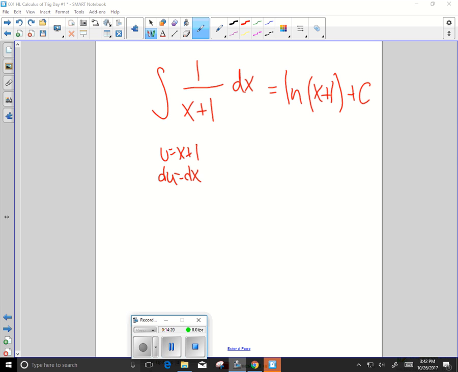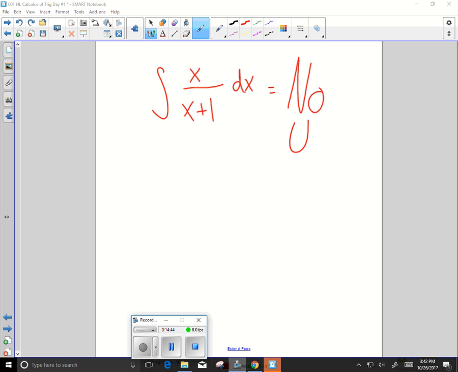But what if somebody put an x up here? What if you have x over x plus 1? Now, if u is x plus 1, the derivative is dx, you've got this extra x, and you're not going to be able to take this integral. You can't use u sub for this one, because you've got an extra x. You could do integration by parts. It'd be weird and messy. There's a much better way to do that.